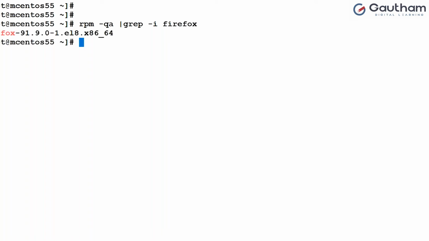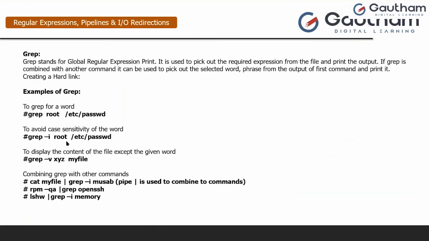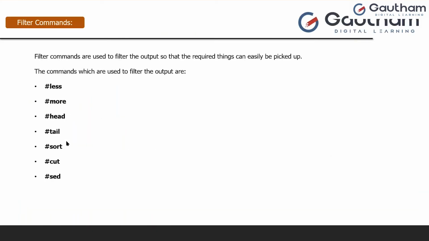So you see, it says yes, it is there. Or maybe I'm looking for OpenSSH. Is it there or not? So you see how simple the thing is becoming. If I don't know this, then I need to read all 1600 lines or 1300 lines to find it out, right? So grep can be combined with other commands also.